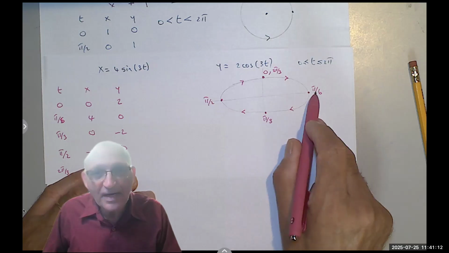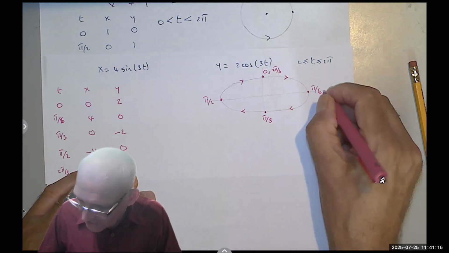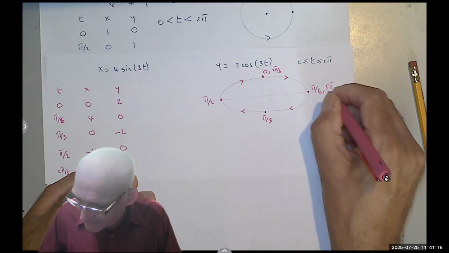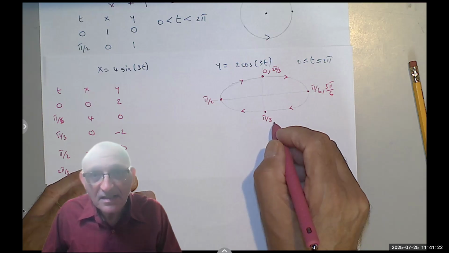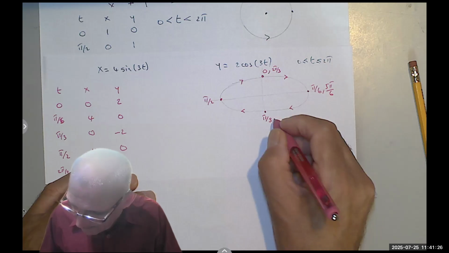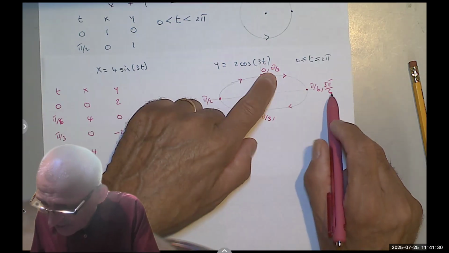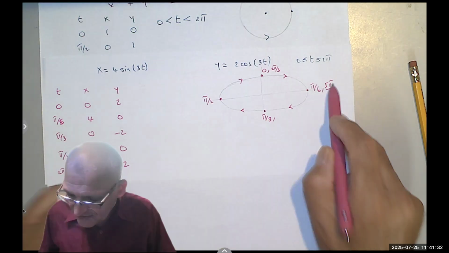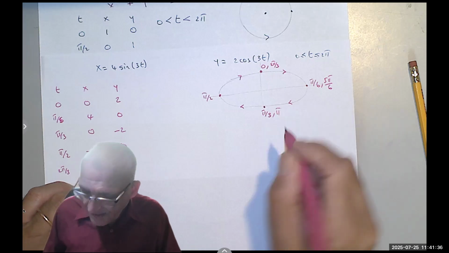So if I add 2 pi over 3, meaning 4 pi over 6 and pi over 6, I will come here at 5 pi over 6. And then I will add pi over 6 too, so that would be, oh, I'm sorry, did I add 2 pi over 3, which is 4 pi over 6, yes, and pi over 6. Here I add 2 pi over 3 to pi over 3, I get pi.